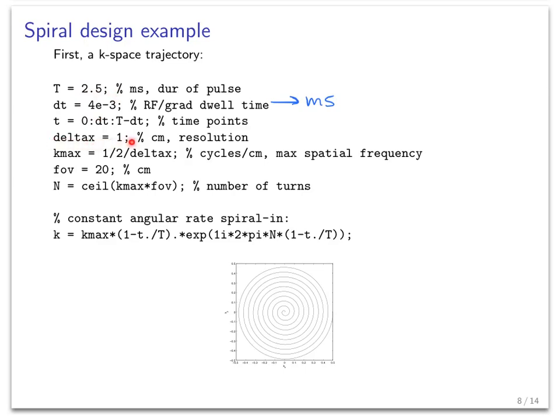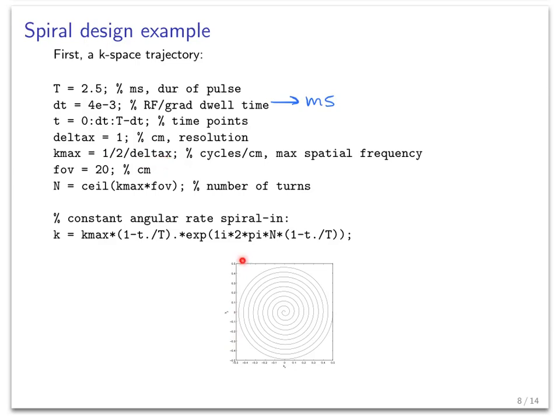The spatial resolution of the trajectory is going to be 1 centimeter, or 1 cycle per centimeter. So then the maximum spatial frequency we're going to reach with this trajectory, that is the maximum k here, is going to be 1 over 2 times delta x, right? So that's 1/2 cycles per centimeter.